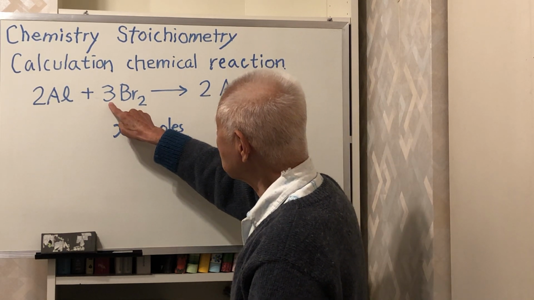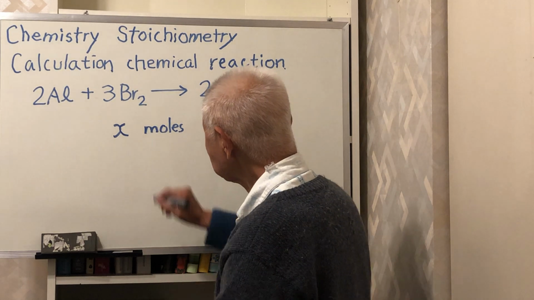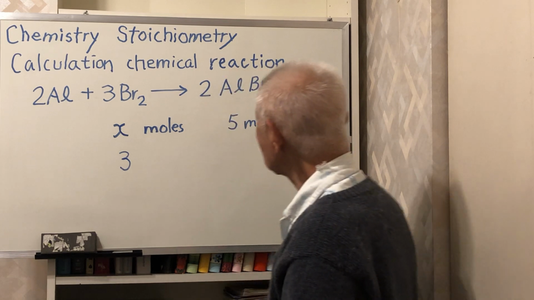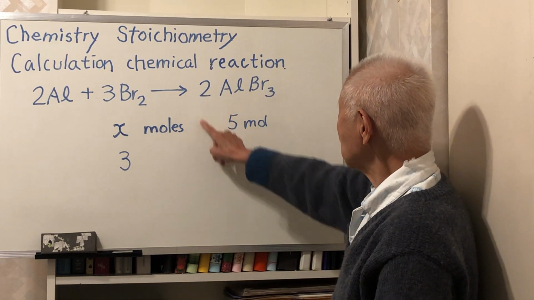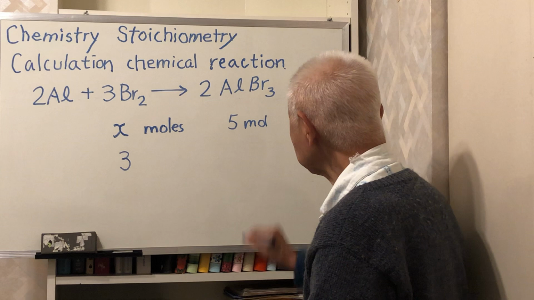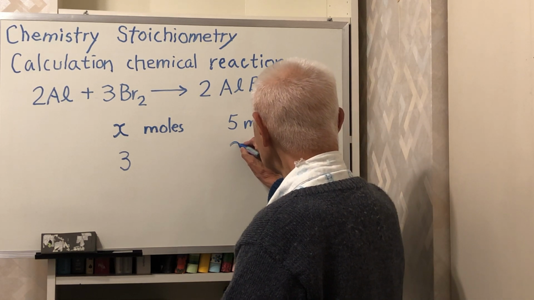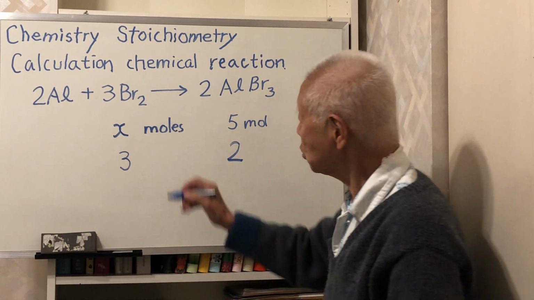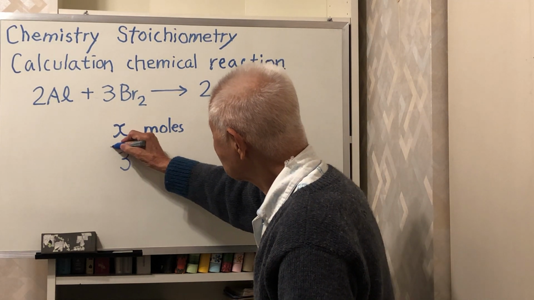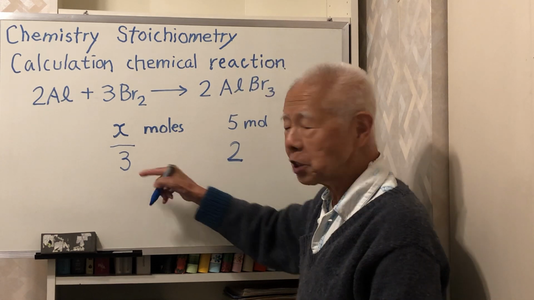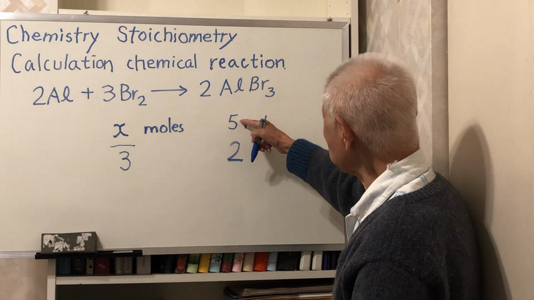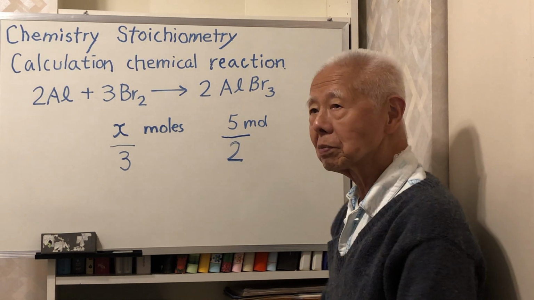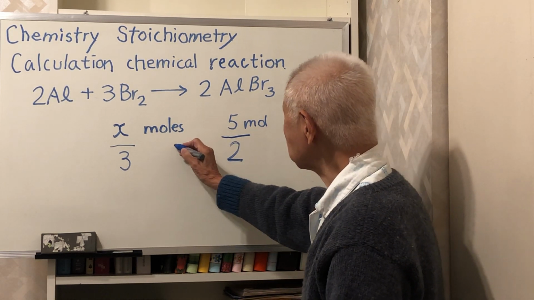You write the 3 below the x. You write this 2 below this 5. Do a ratio: x over 3 and write a ratio 5 over 2, and make them equal.